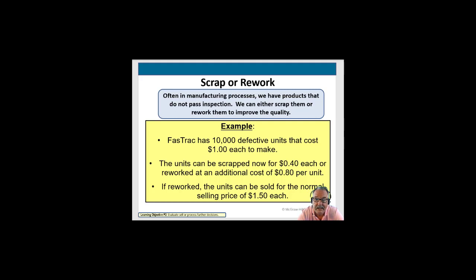Well, we can evaluate whether or not we just sell them, scrap them, or rework them, and we use the relevant costs, which are our costs of going forward with either one of these scenarios of either scrapping it or reworking it. And sometimes it can be opportunity cost. If we have to rework something, that means that we can't work on new product. And so the opportunity cost would be the revenue we would generate from making new product versus trying to rework the old product.